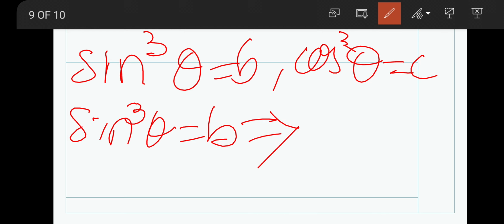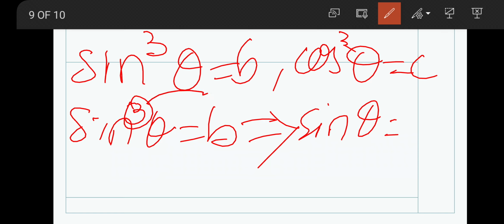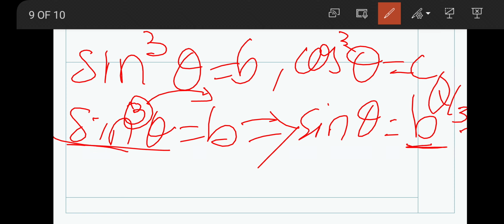I want to equate it like sine theta, so I transfer this cube to this side. So it becomes b to the power 1 by 3, because the 3 is sine's power, but b's power will be 1. I just want to make the LHS simple, so I'm sending it to the RHS.